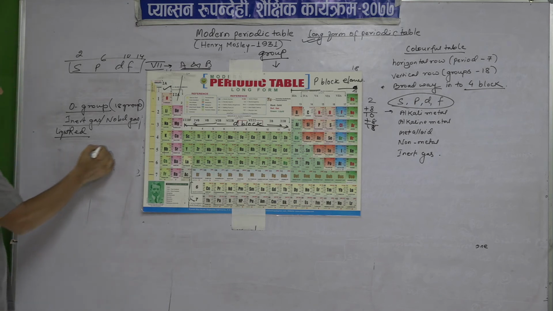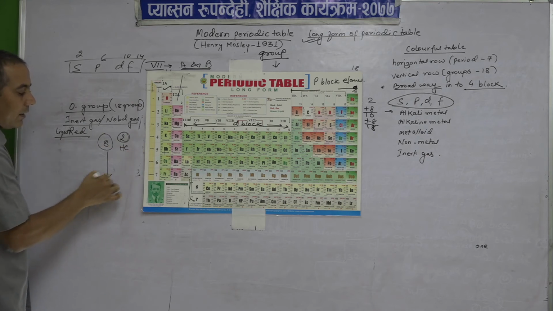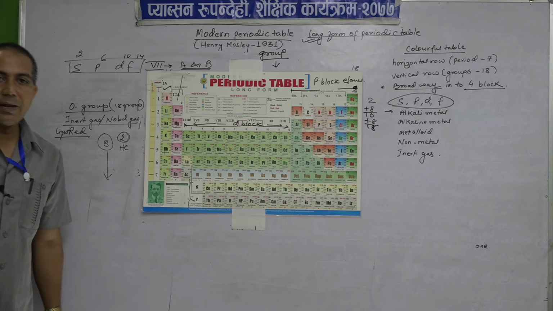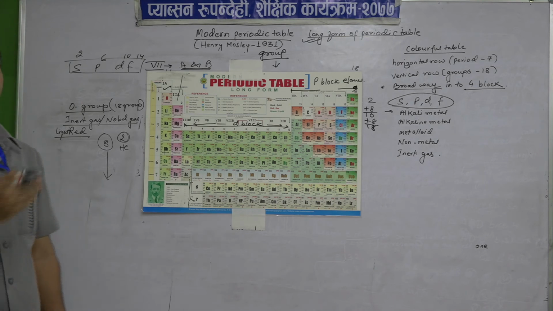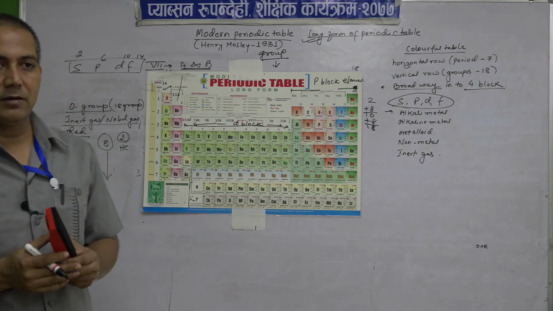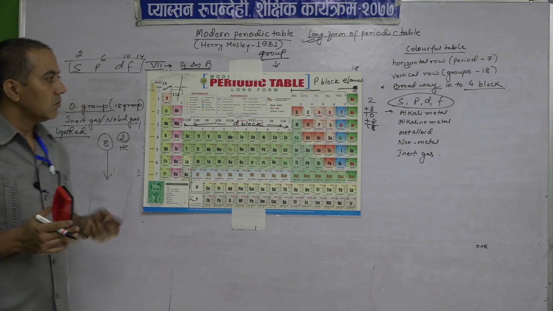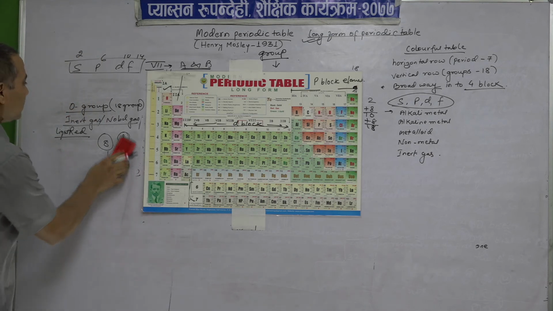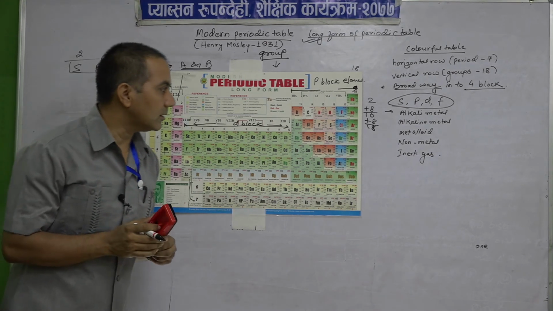That means it is filled with 8 electrons or 2 electrons, like helium with 2 electrons and the others with 8. The shell is full, therefore it is a non-reactive element and does not easily react with others. Inert means stable or non-reactive. So the 0 group elements are known as noble gases or inert gases.